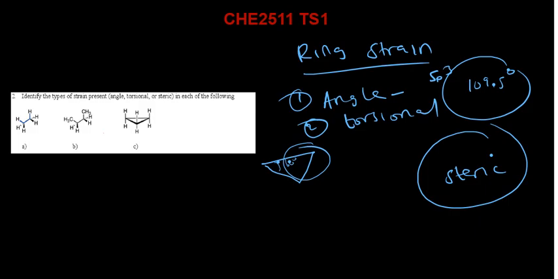There's no movement in these sigma bonds, and because of this structure, there's also no effective overlap. Because in normal alkanes, if you draw them like this, these orbitals, there's some overlap. But in this ring type, there's no overlap. There's no perfect end-on overlap, so it's not possible.